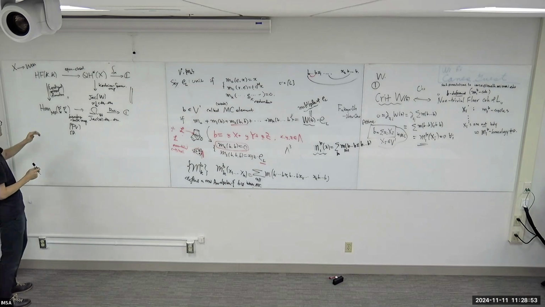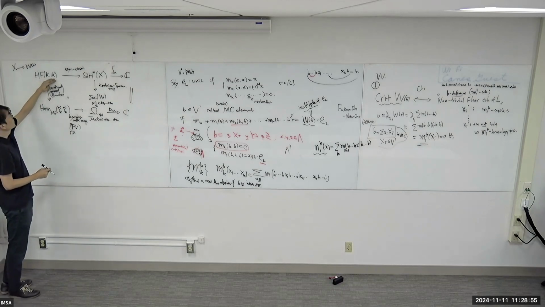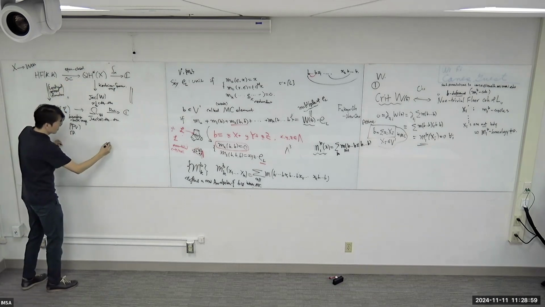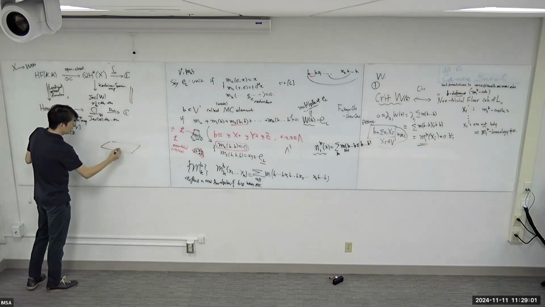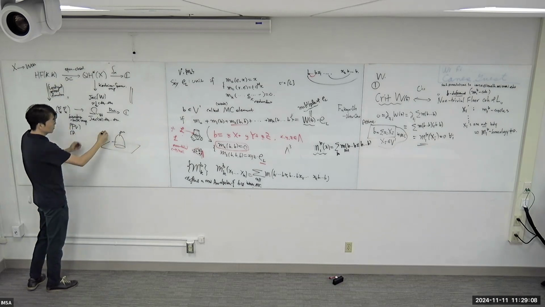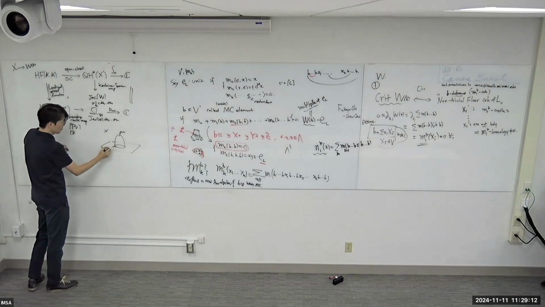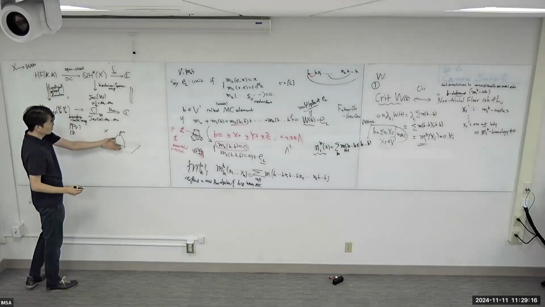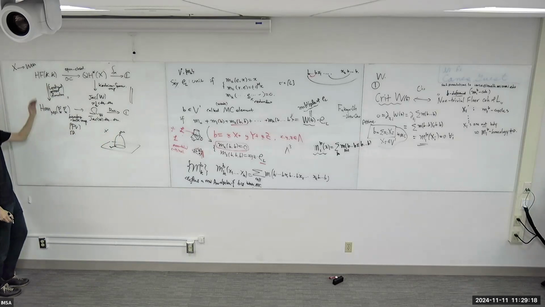Anyway, let's look at the easiest part. This open-closed map: you look at holomorphic disks and look at the output of this disk operation.